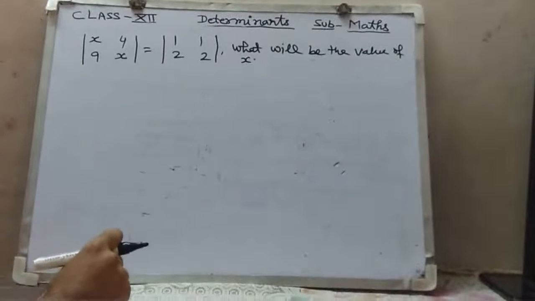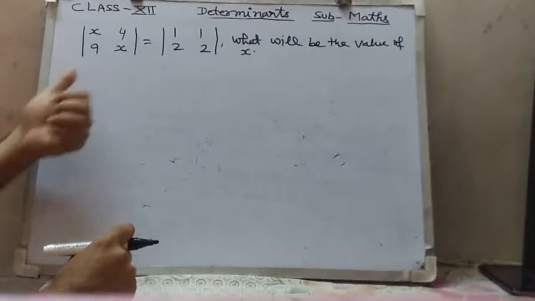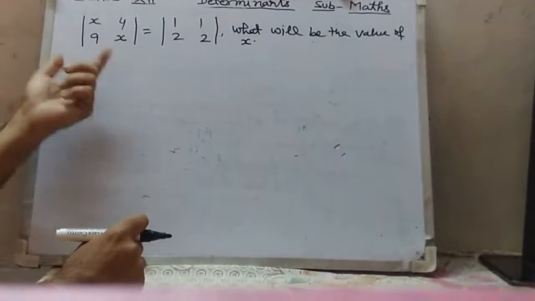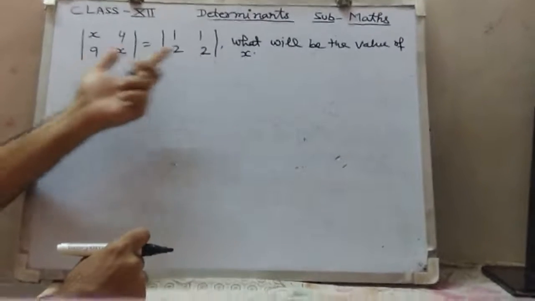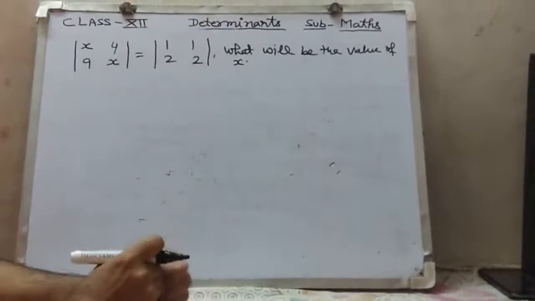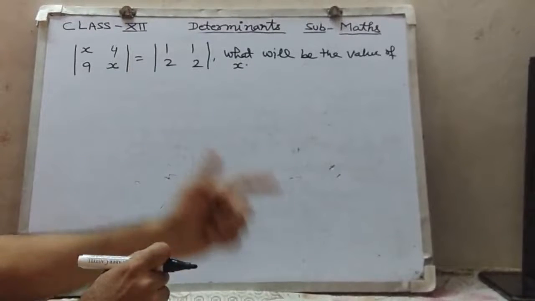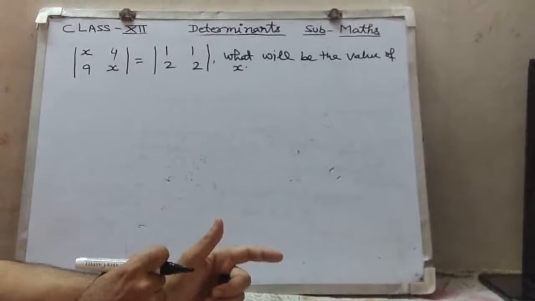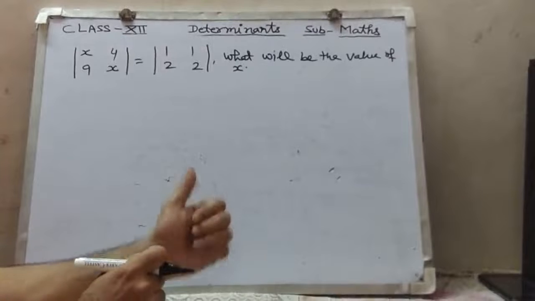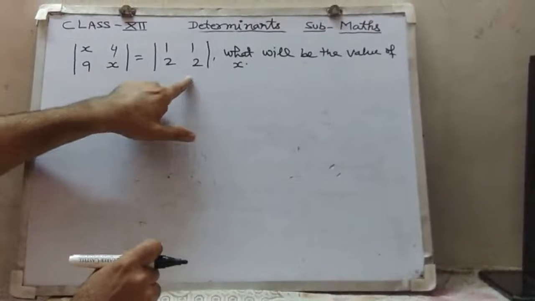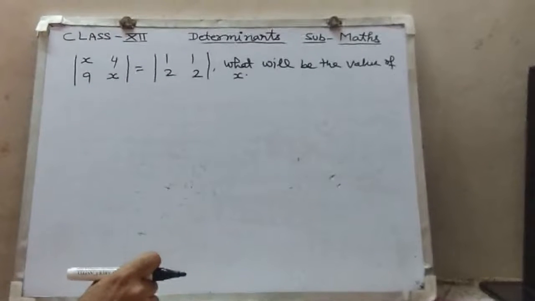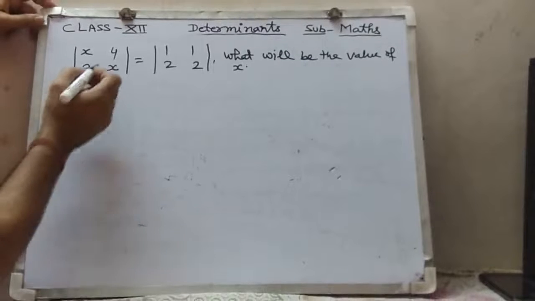To find out the value of x, first thing we have to keep in our mind, we cannot compare the elements of two determinants. The whole determinant will be compared, means it will be compared after finding the values of these determinants. So let us find its value.